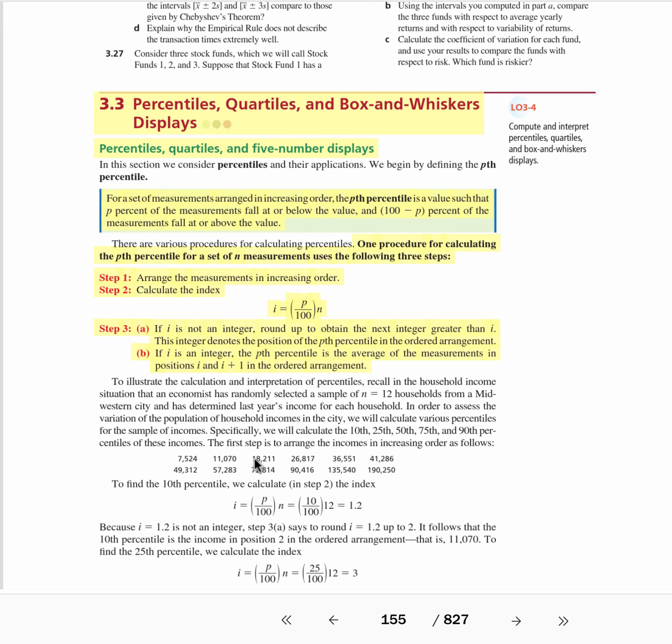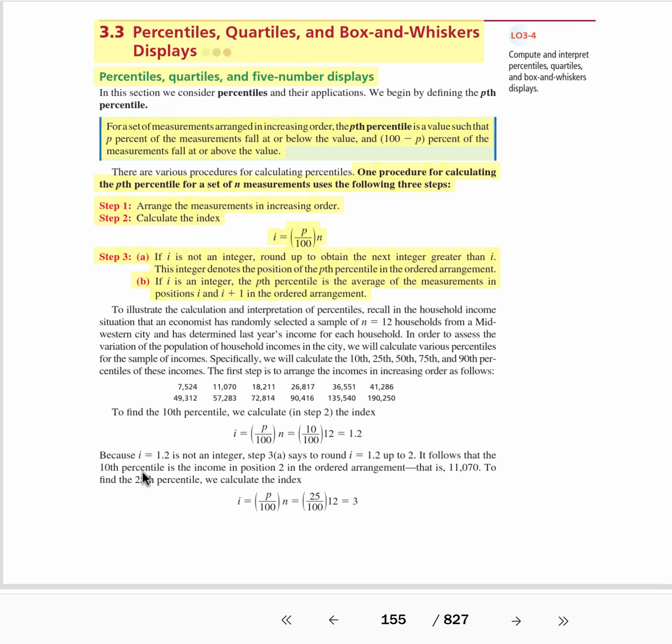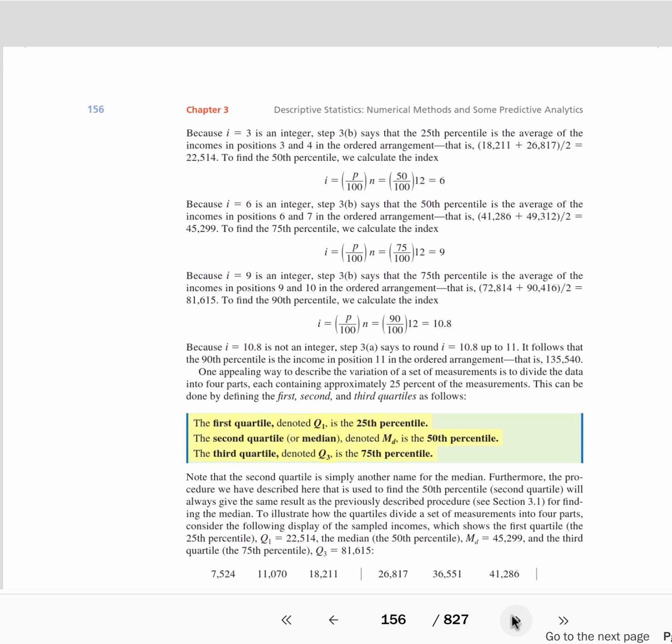So you sum up 18,211 to 26,817 and divide it by 2, and you would say this is the number that represents the 25th percentile of my data, and the number in that case would be 22,514. And you continue the same way.